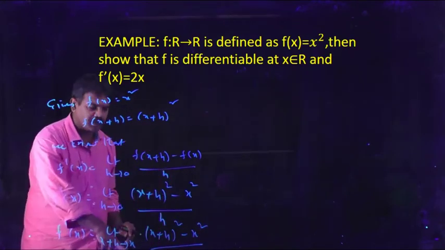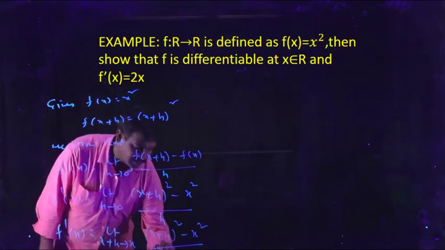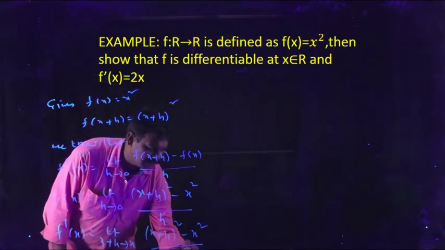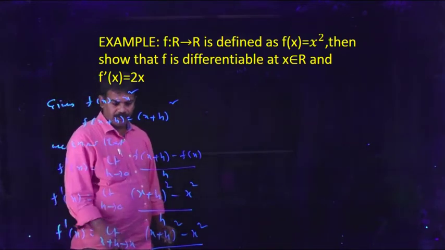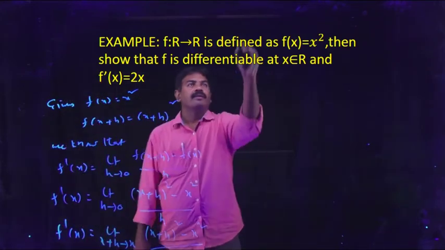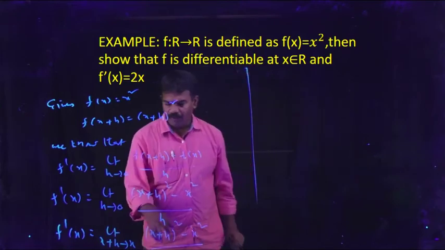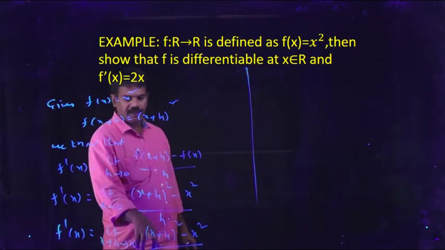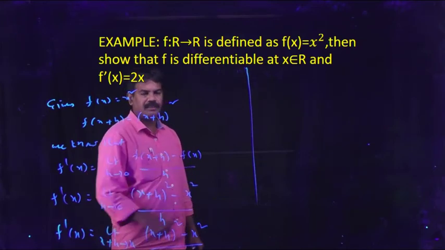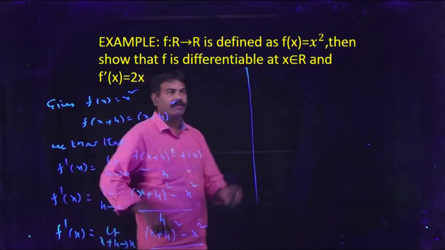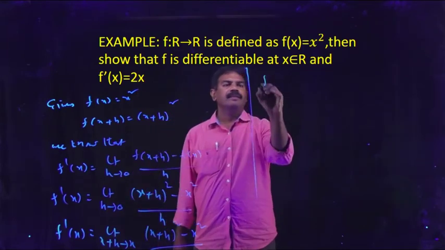Adding x on both sides to the limit, and in the denominator we add x and subtract x. So now it is in the form of limit x tends to a, x power n minus a power n by x minus a.